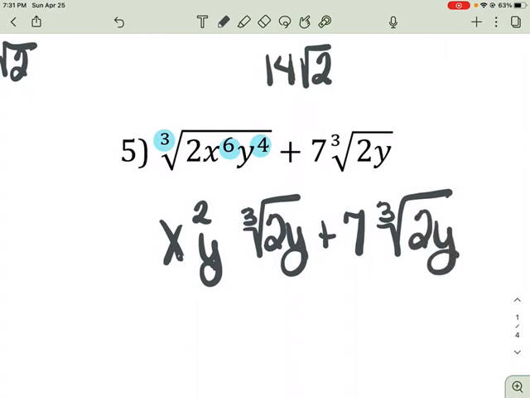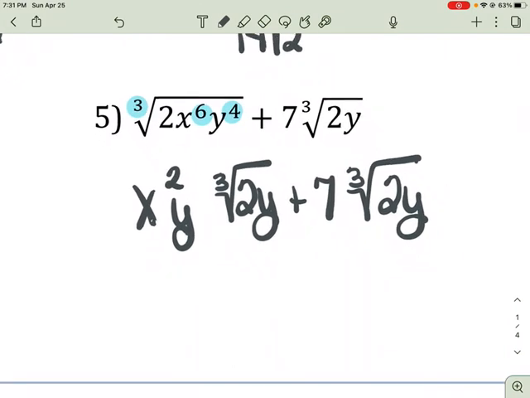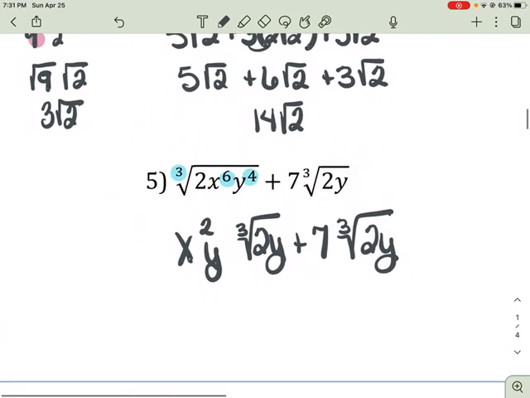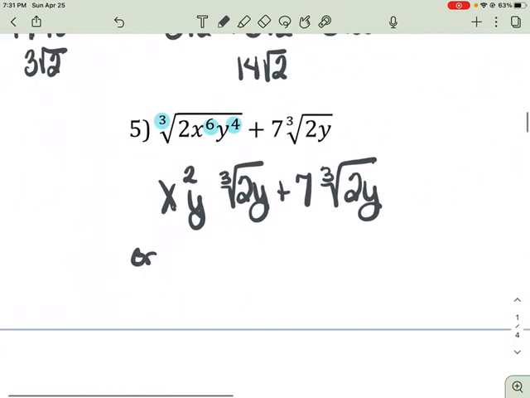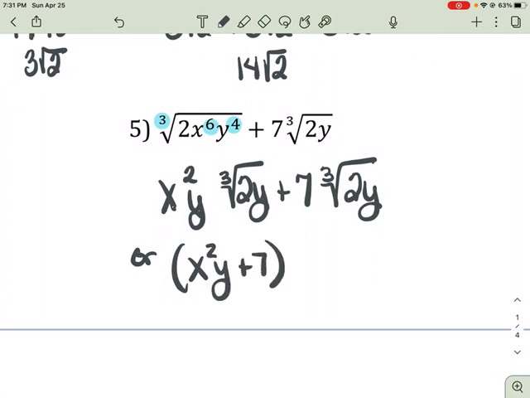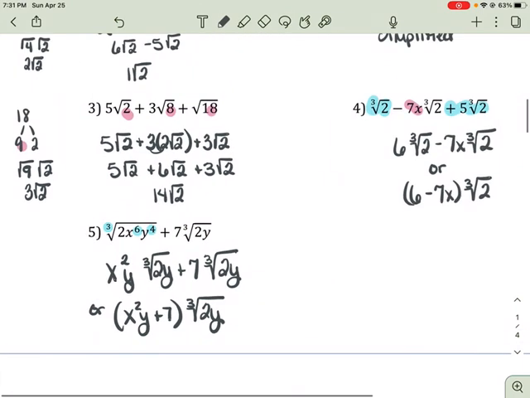I don't think we're going to be able to add anything, but we did simplify to make it easy to simplify the expression. And again, we could, if we wanted to, write it in parentheses like we did over here. So you can do that if you choose to do so.